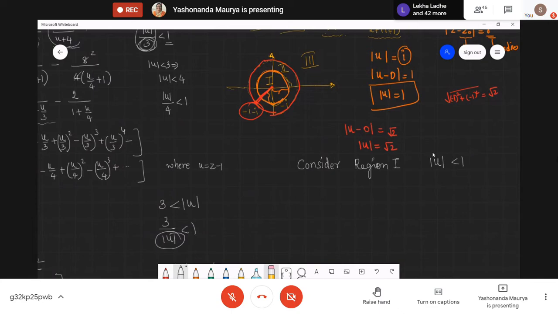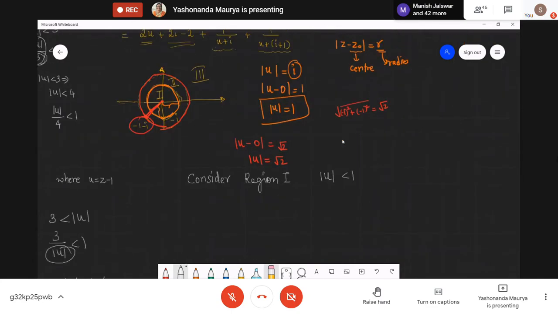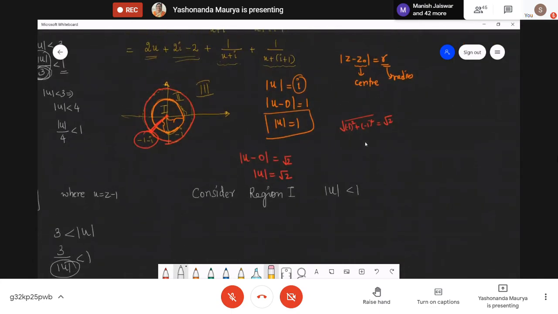So in this region, what are we going to do? Okay, let us write down the function. F of z is equal to 2u plus 2i minus 2 plus 1 upon u plus i plus 1 upon u plus i plus 1.